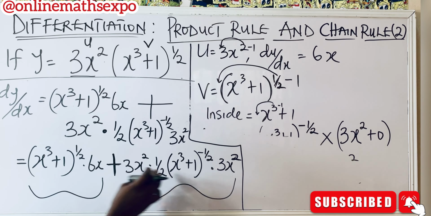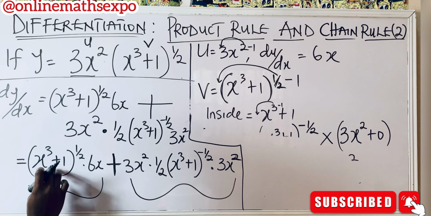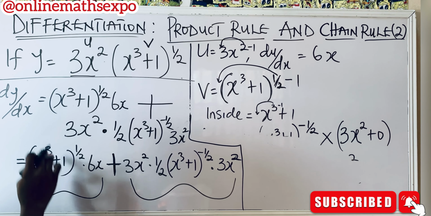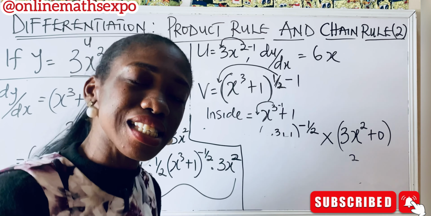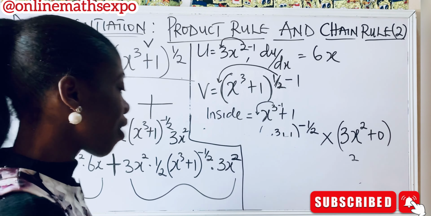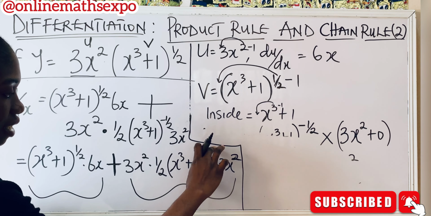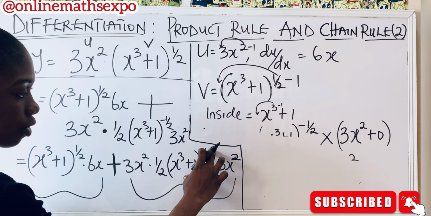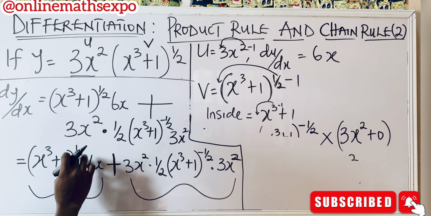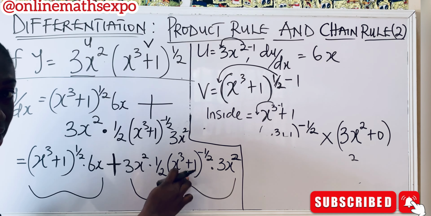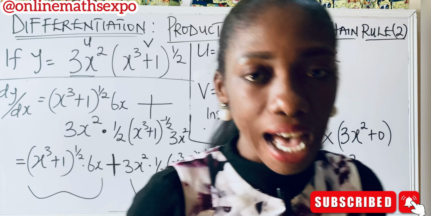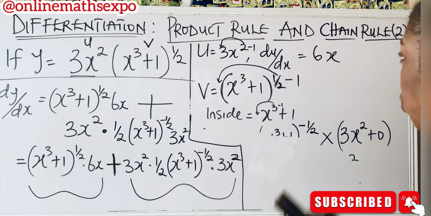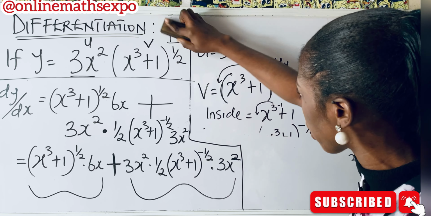The common factor here is x cubed plus 1. If you are picking this bracket, you go for the one of lesser power. Negative half is lesser than half, so we're going to pick the one of lesser power and factor it out. If we do that, look at what we're going to get.